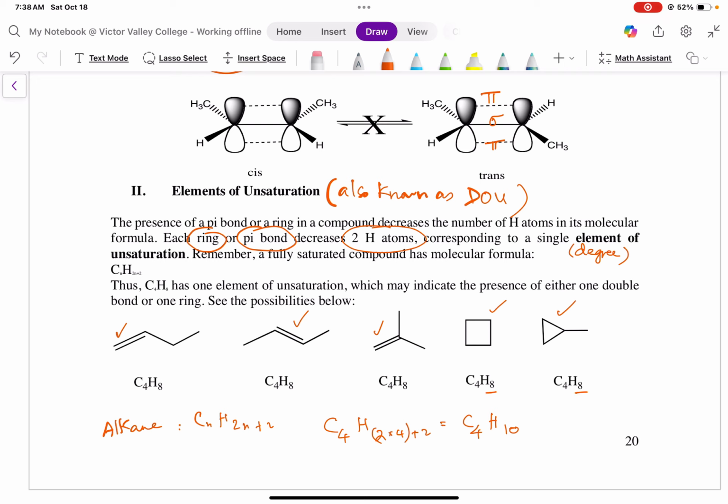But notice here we have 8. So this is known as saturation hydrogens. You take 10 minus 8 divided by 2, because two hydrogens make a bond. You get 1 DOU.